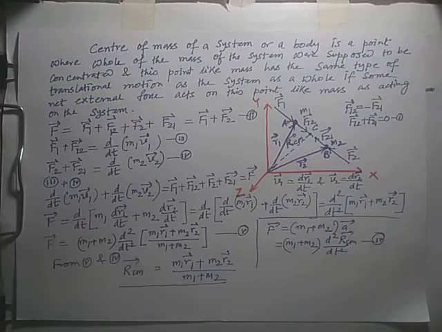Suppose r1 vector is x1 i plus y1 j, and r2 vector is x2 i plus y2 j. Then xcm, the x coordinate of the center of mass, will be m1 x1 plus m2 x2 by m1 plus m2, and the y coordinate of the center of mass will be m1 y1 plus m2 y2 by m1 plus m2. You can refer to any book for the formulas. Okay. So thank you very much.